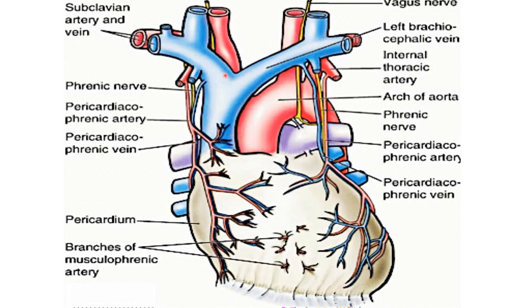And again, the veins sometimes drain from the pericardium directly to the brachiocephalic veins. These are the left and right brachiocephalic veins. Now you can see the pericardiacophrenic vein draining in there. But sometimes some people have this pericardiacophrenic vein draining into the internal thoracic vein.